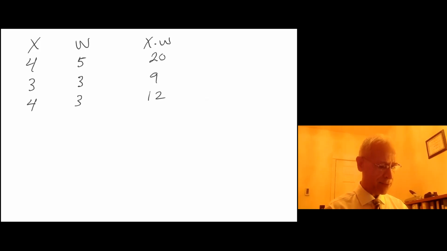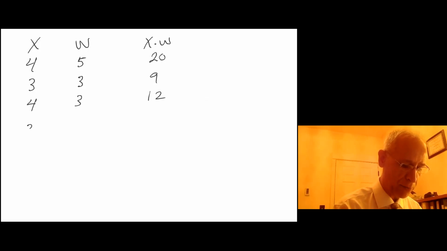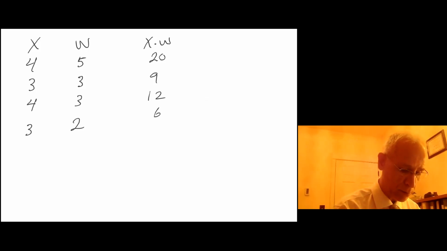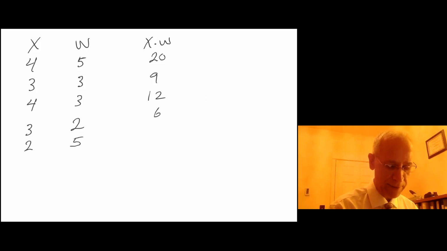The next class, you got a B on a 2-unit course, a B GPA of 3 and a 2-unit course. 3 times 2 is 6. And the last class, you got a C, GPA of 2, on a 5-unit course. And 2 times 5 is 10.